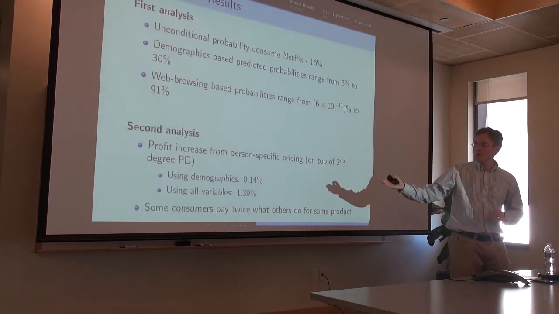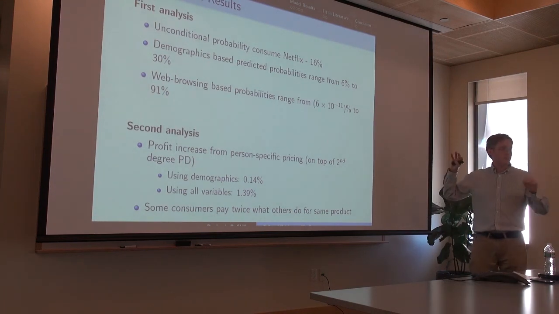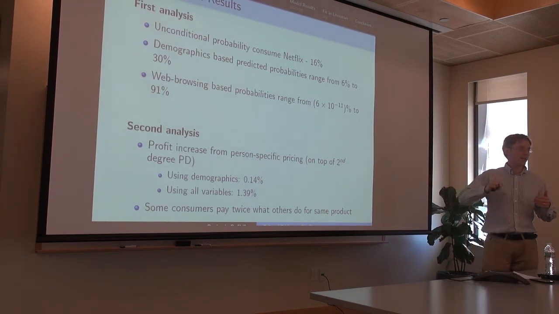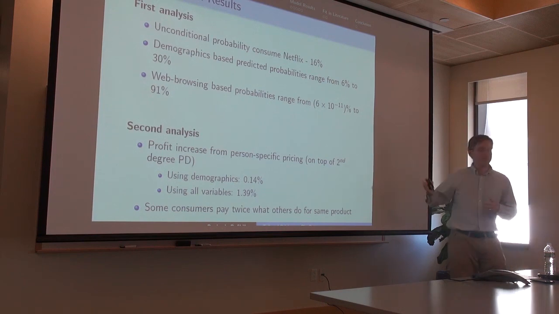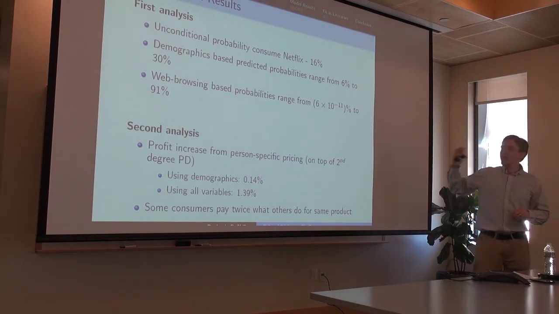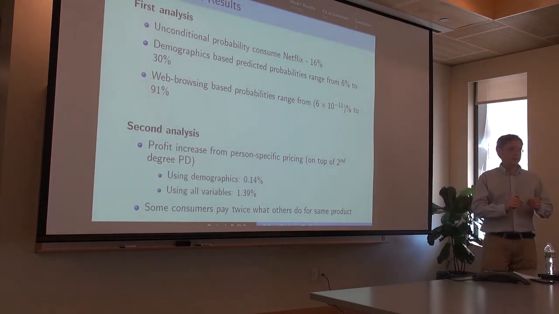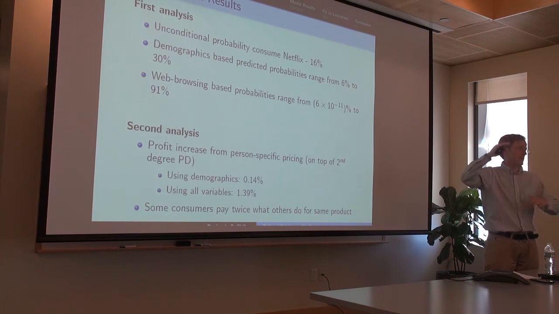And so let me give a quick preview of my results here. The probability that an internet-connected household or internet-connected user subscribed to Netflix in 2006, the year they have the data for, was 16%. If you then try and predict based on demographics, you find that the probability in your predictions varies from 6% to 30%. Now, if you had perfect predictions, remember everyone would be 100% or 0%.